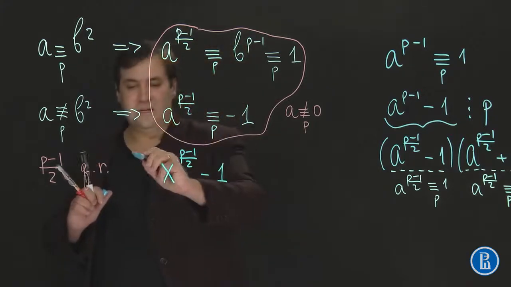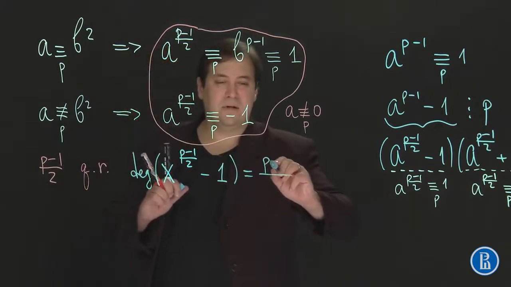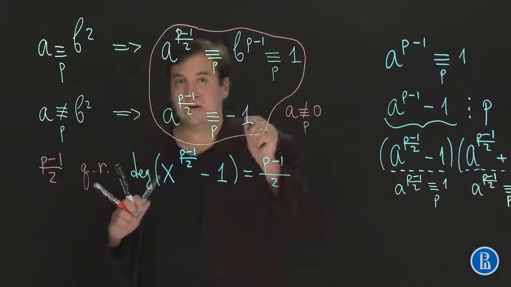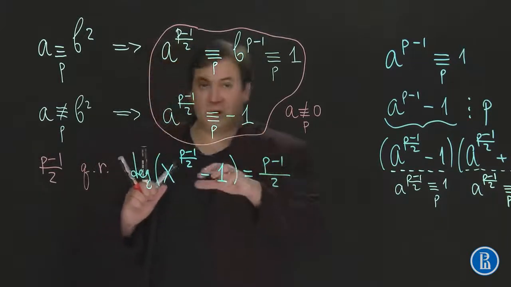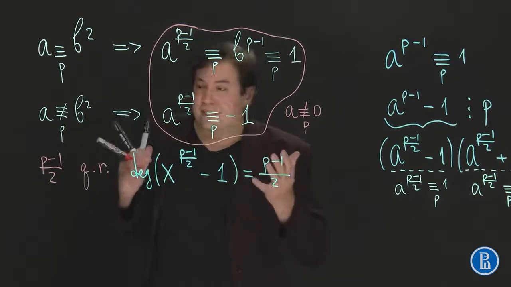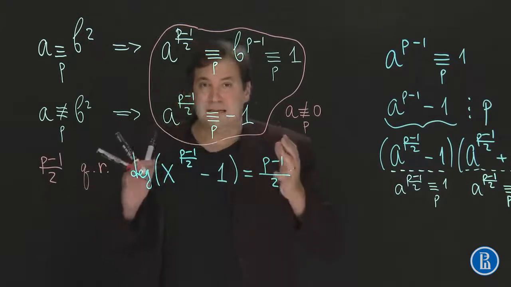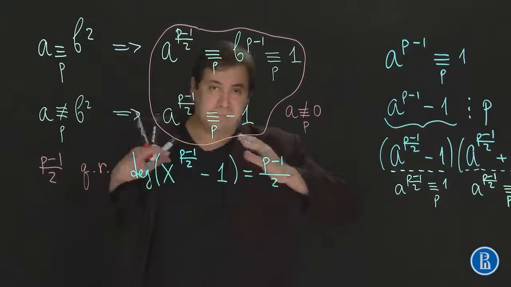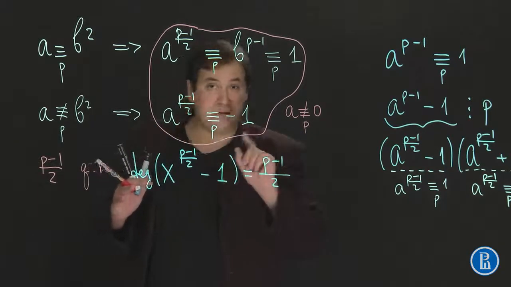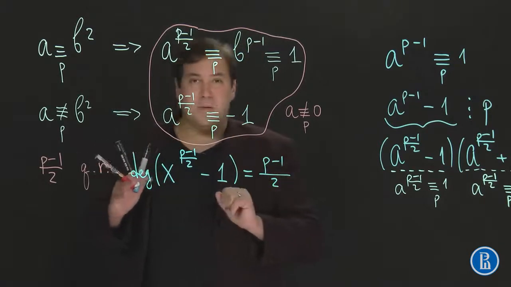The degree of this polynomial is equal to the number of quadratic remainders, and every quadratic remainder is a zero of this polynomial. Well, this means, recall that a polynomial cannot have more zeros than its degree, that quadratic remainders form the total set of all zeros of this polynomial. So no other remainder modulo P can be a zero of this polynomial.